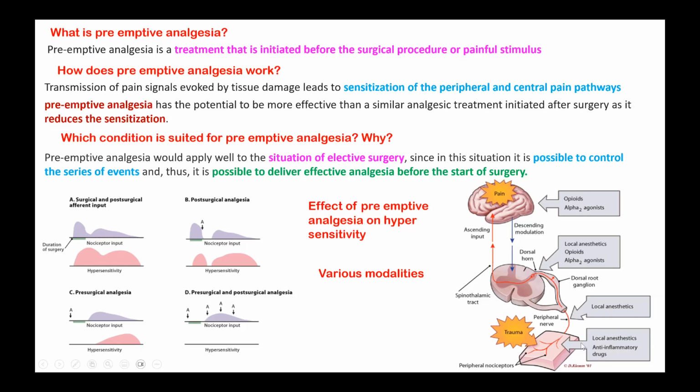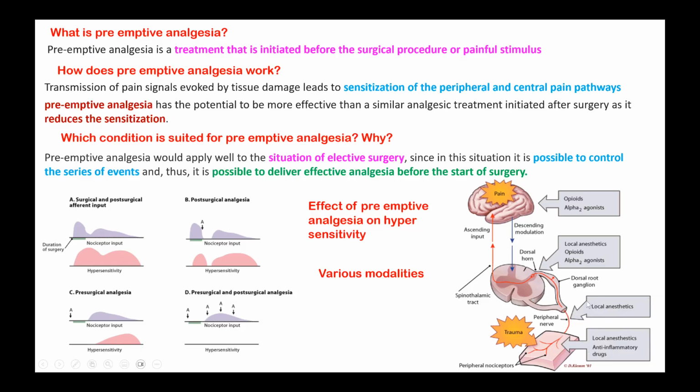At the site of trauma, you can use local anesthetic infiltration, you can give anti-inflammatory drugs like your NSAIDs even before the start of the trauma, or you can give nerve blocks or regional epidural or local anesthetic block. So local anesthetics play a very important role in providing preemptive analgesia.